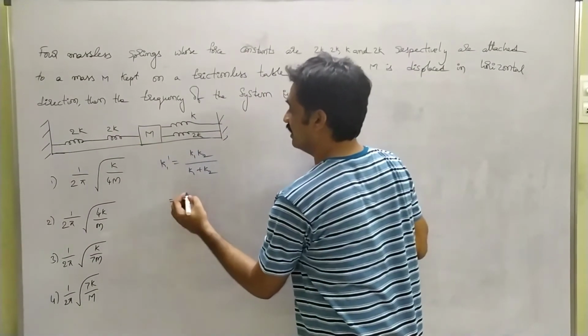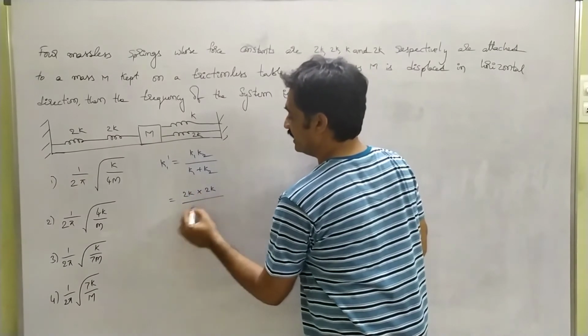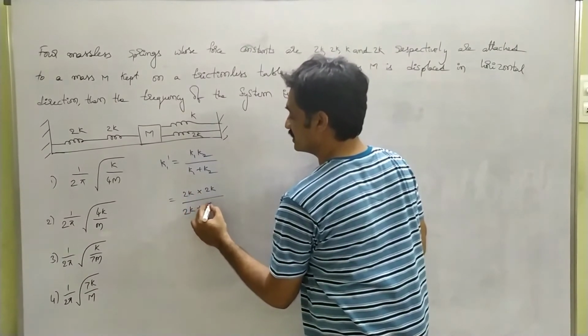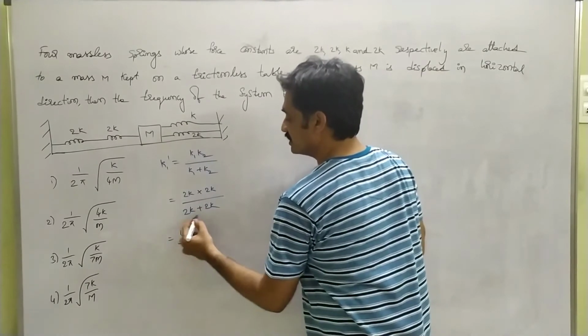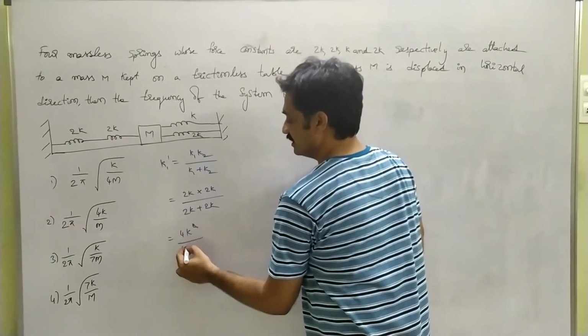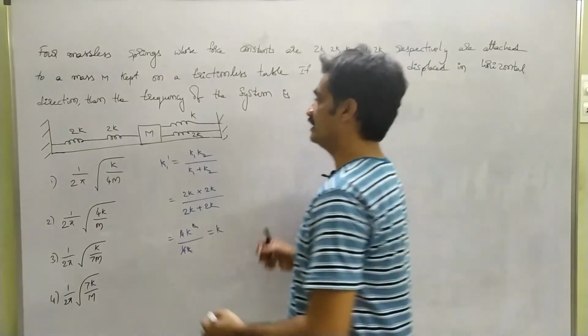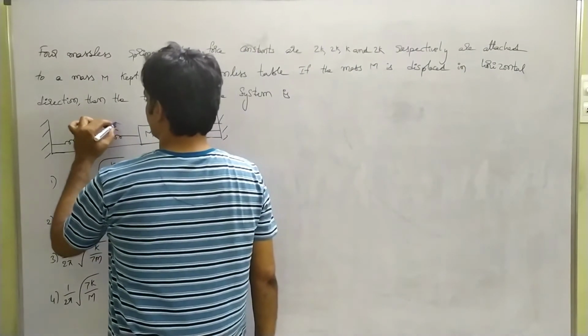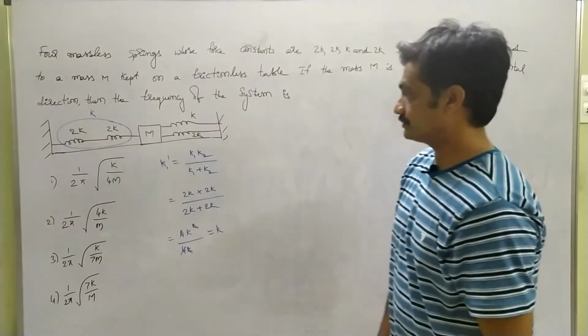As we substitute here, we have 2k into 2k by 2k plus 2k. 2k into 2k is 4k square, and 2k plus 2k is 4k. So as you cancel, we have k. K1 dash is equal to k. So the series combination is represented with k.